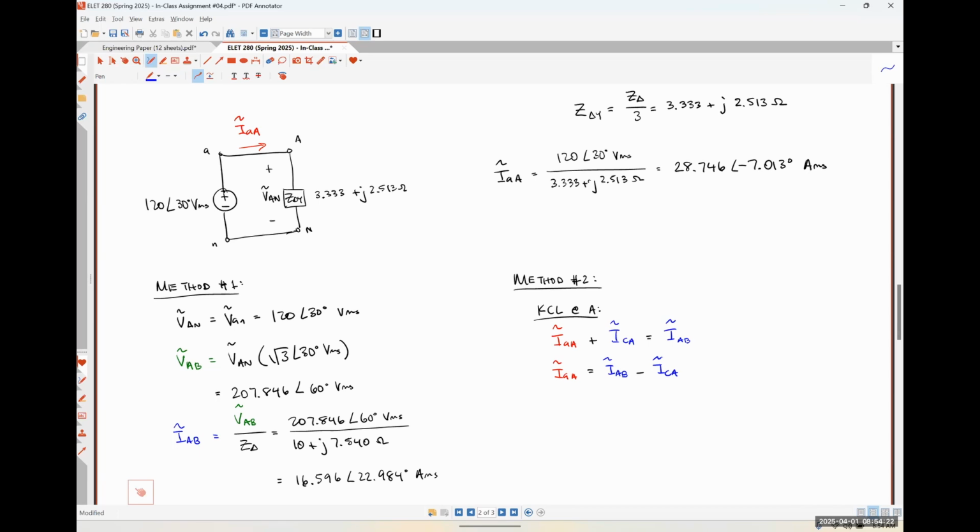So I_CA is 240 degrees behind I_AB. So what I really have here is I_AB multiplied by a factor of 1 minus 1 angle negative 240 degrees.